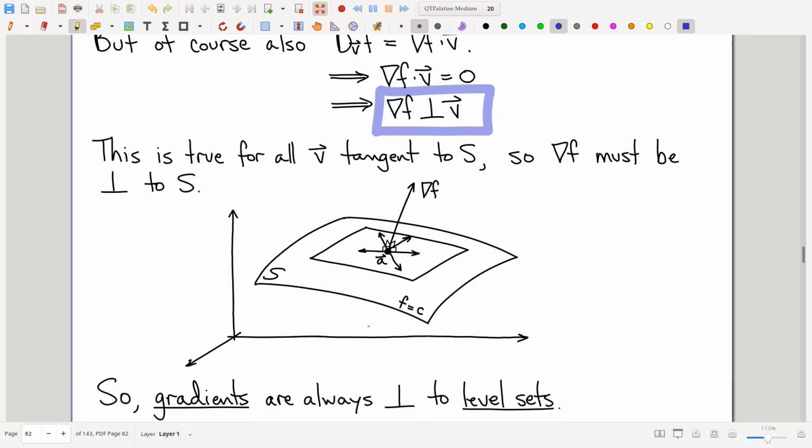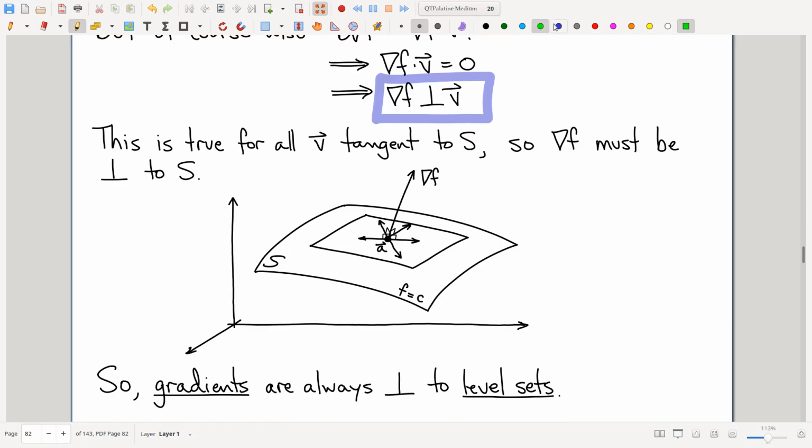Okay, wow. Now that's a weird result. That is pretty unexpected. What we've shown now is that no matter what tangent vector you're looking at, any tangent vector, the gradient is perpendicular to all those tangent vectors. That means it's perpendicular to the surface.